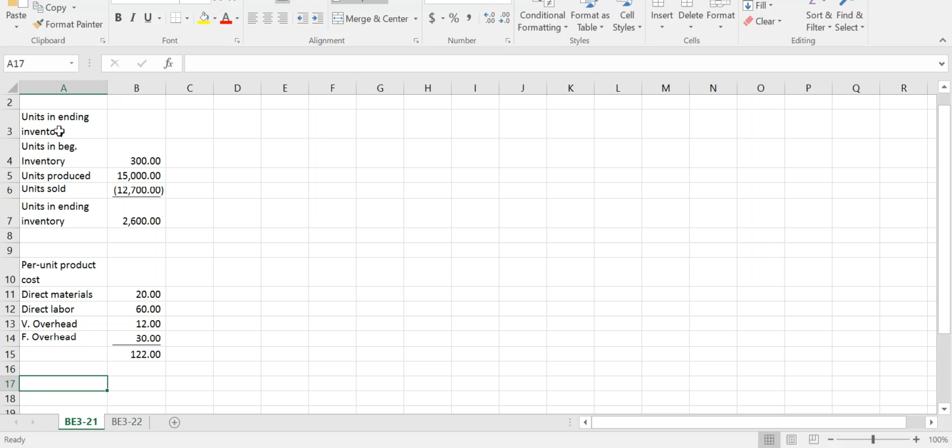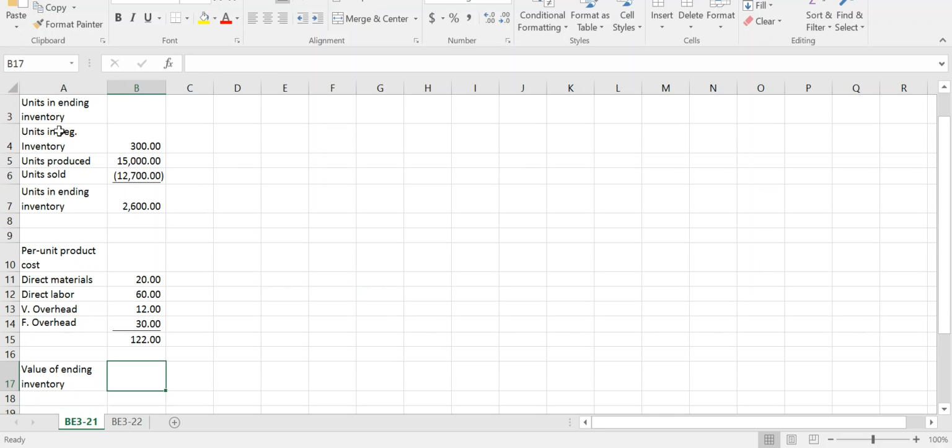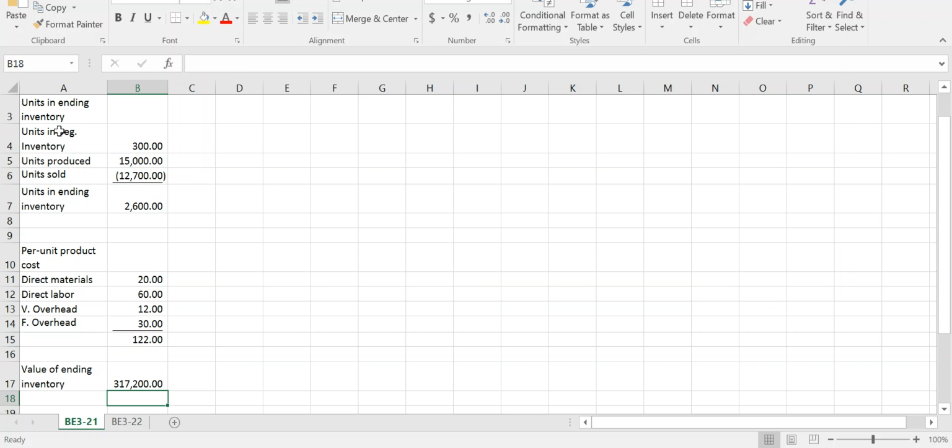In part 3, they asked us to determine the value of our ending inventory. So in order to do that, we simply take how many units we have in ending inventory, the 2,600, and we multiply it by our per unit product cost of the $122. So in total, we have an ending inventory value of $317,200.